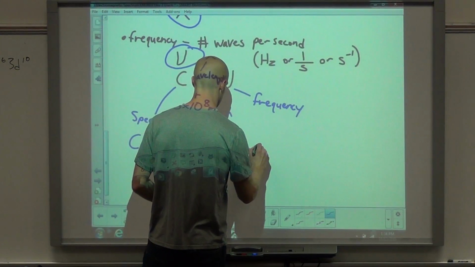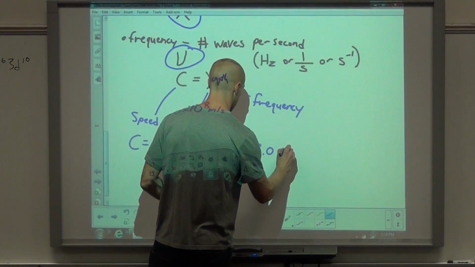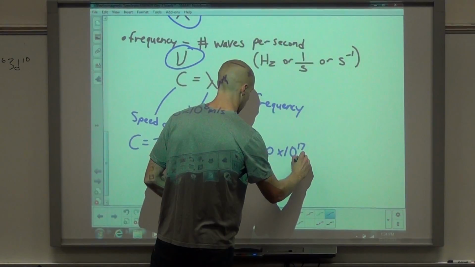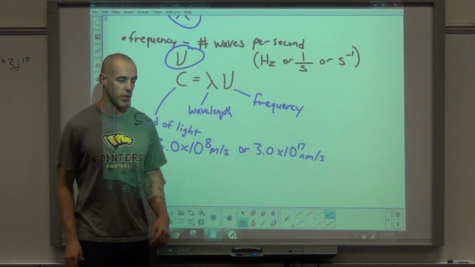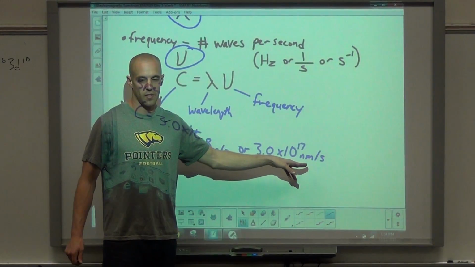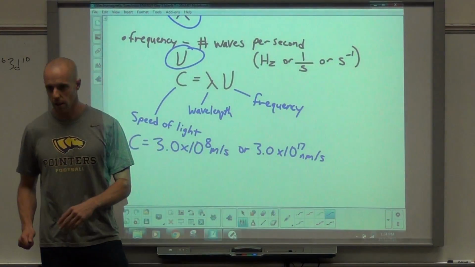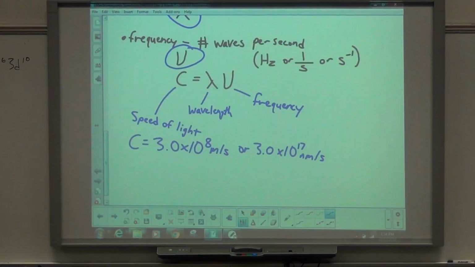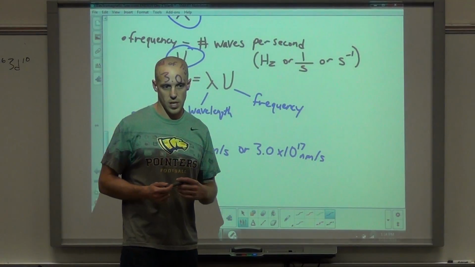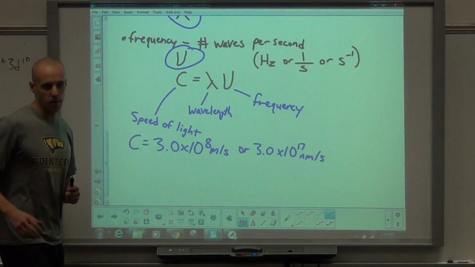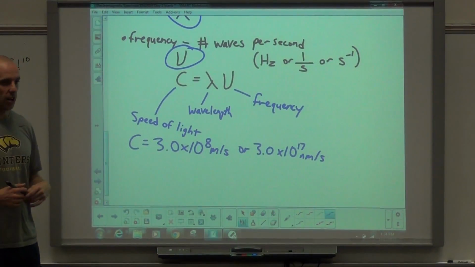Or it's 3.0 times 10 to the 17th nanometers per second. The difference here is this is in nanometers, and I've already done the metric conversion for you, because there's 10 to the 9th nanometers in 1 meter. That's where that's coming from. Literally those two numbers are equivalent.